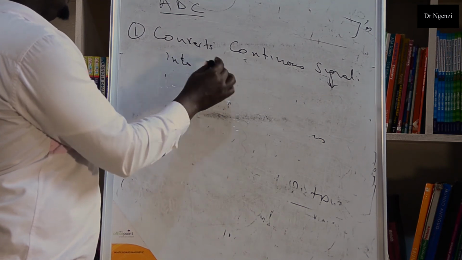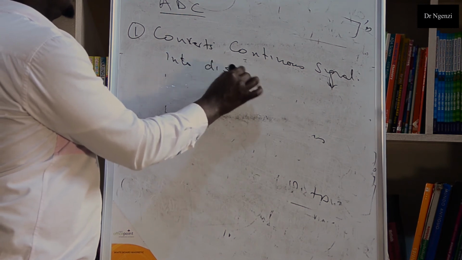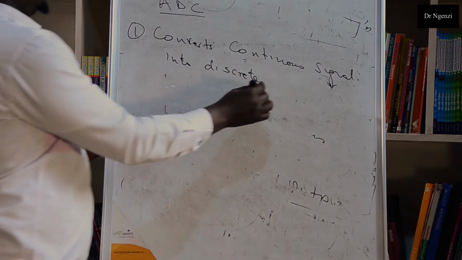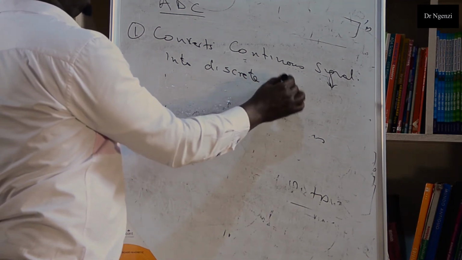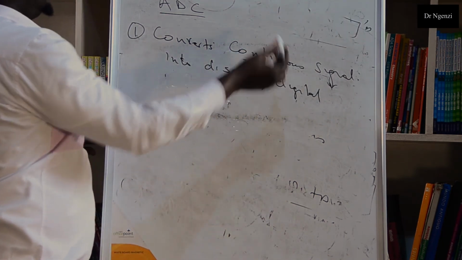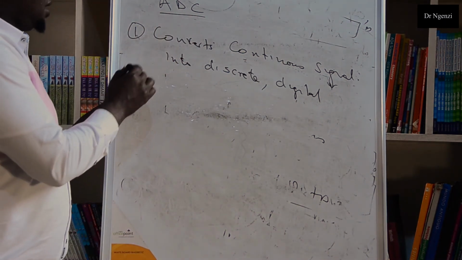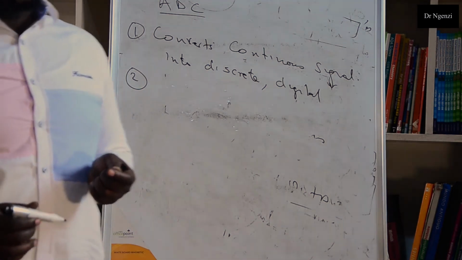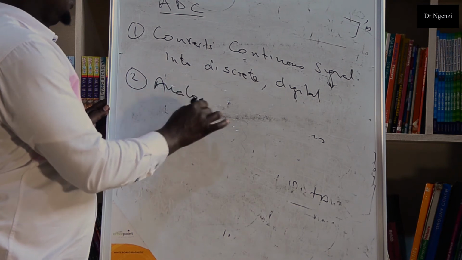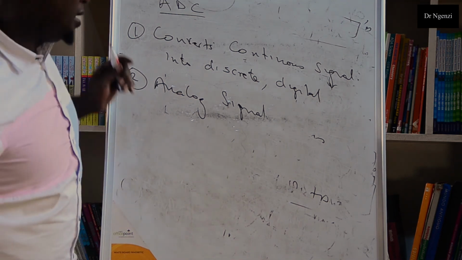You remember from the beginning we said the continuous signal has to be converted into a discrete signal, or you can call it a digital signal. And the other one you can call an analog signal. So the continuous signal can be converted. So this is what is done in the ADC. Secondly, the analog signal can be sampled.